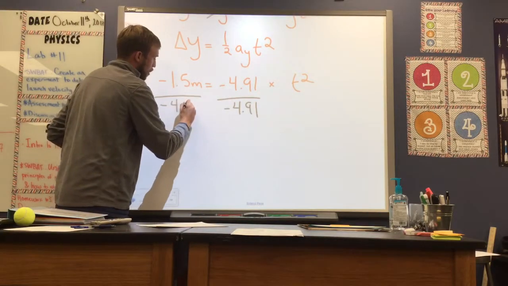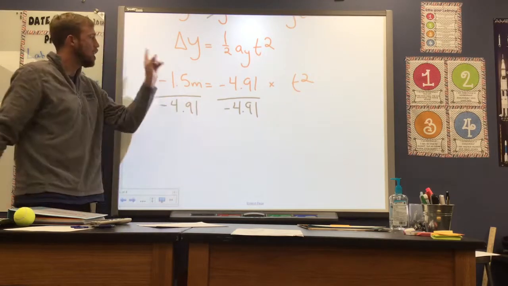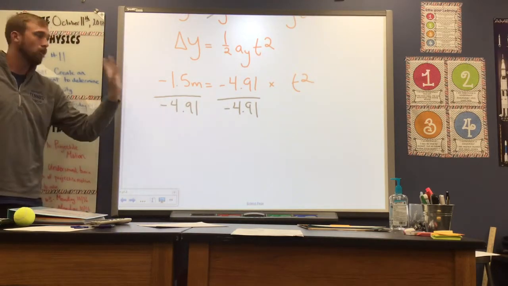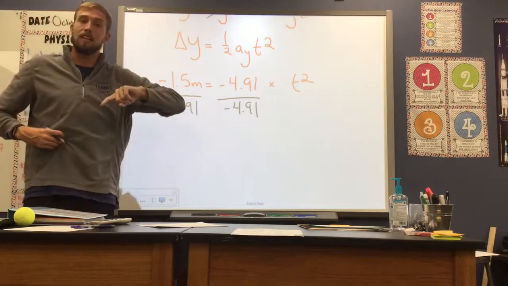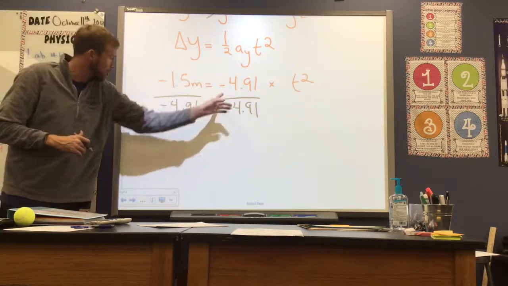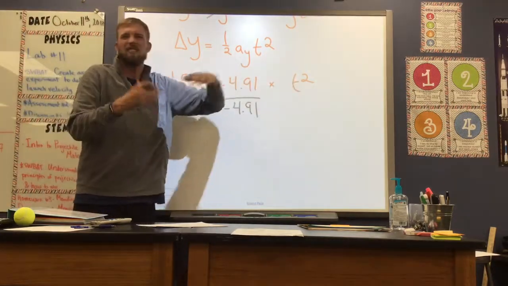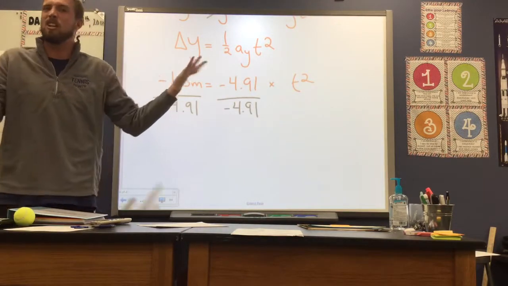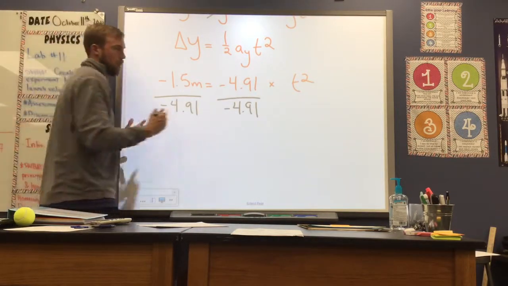And again, this is where we can see why it's important that our initial delta y is negative. Because if I don't do that, I'm going to eventually have a negative value that I'll have to take the square root of, which is going to give me a non-real answer, which I really don't want.